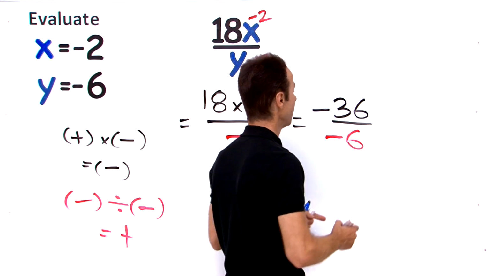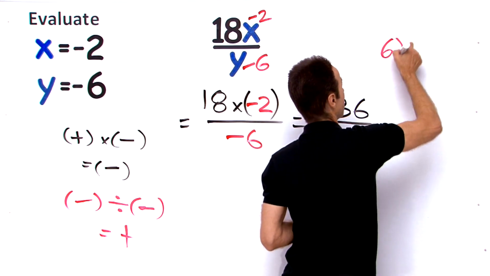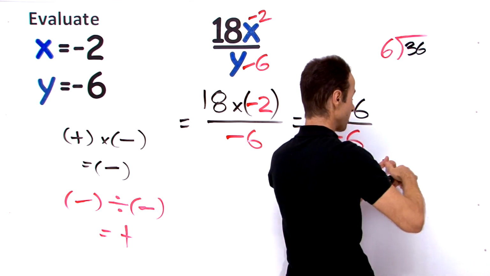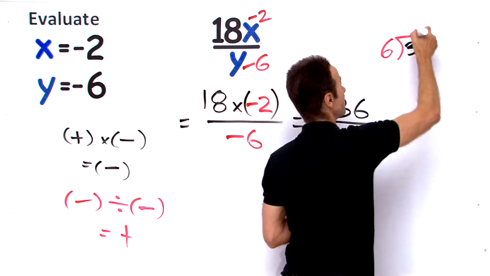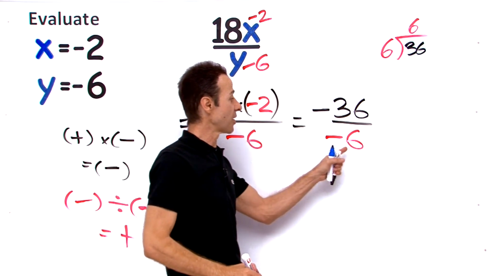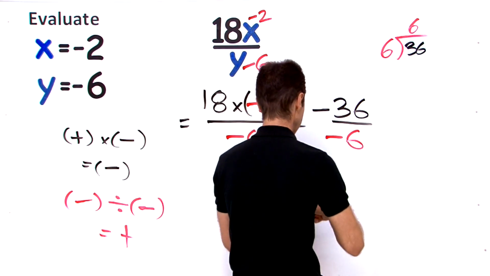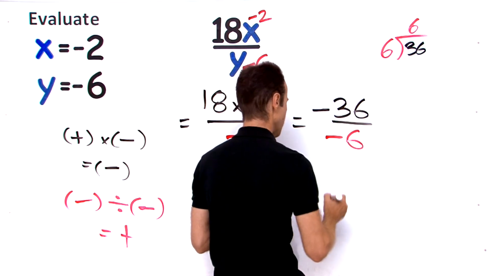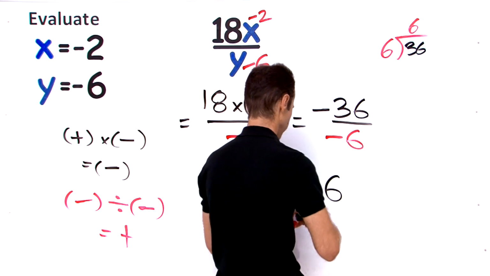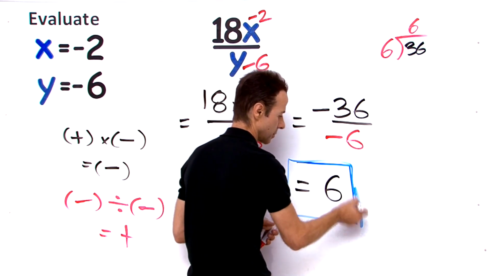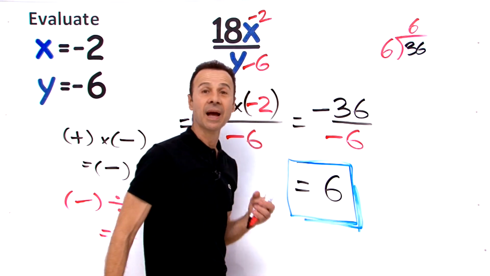So let's divide the 6 into the 36. Some of you may have worked that out already. 6 is into 36, goes in 6 times, because we know 6 times 6 is 36. So that divides into that. It equals, yes, it's a positive, 6 into 36. And there you go.